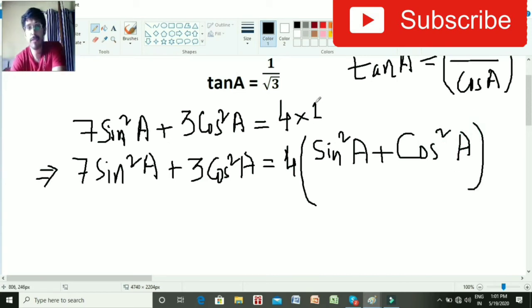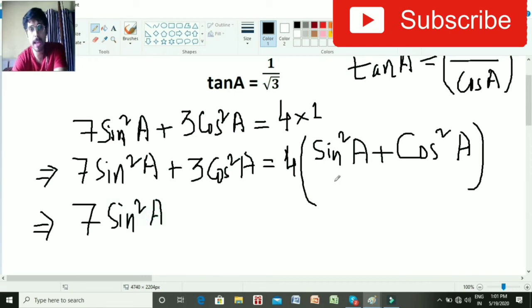So we have designated this one as sin square a plus cos square a, so there is no problem in that. Now let us take the sin square a together and the cos square a together. So we have 7 sin square a, and now we will have minus 4 sin square a.